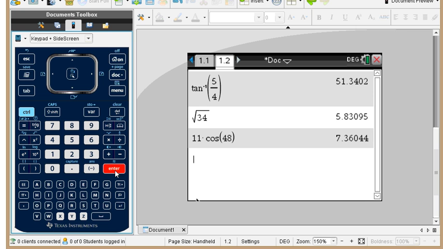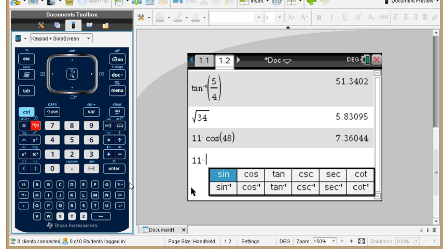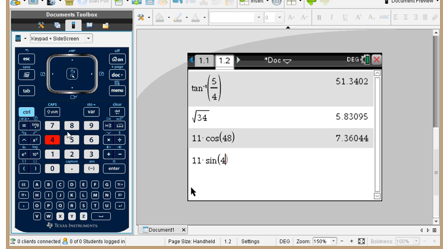To the nearest tenth that will be 7.4. And then for our other component, we're going to put 11 times sine 48 degrees. We get 8.17, which rounded to the nearest tenth is 8.2. So we have 7.4, 8.2.